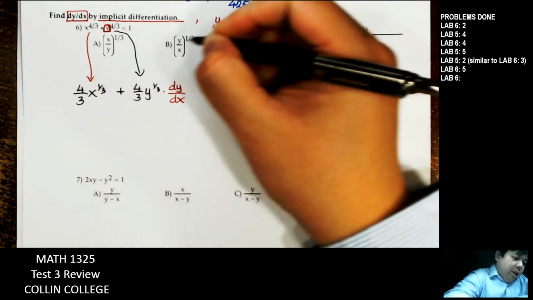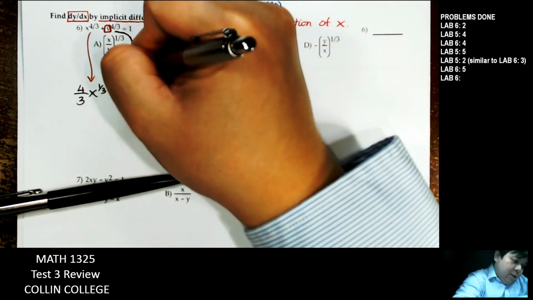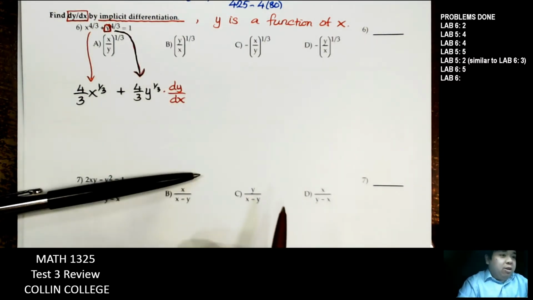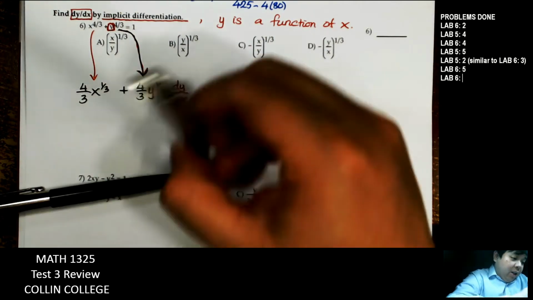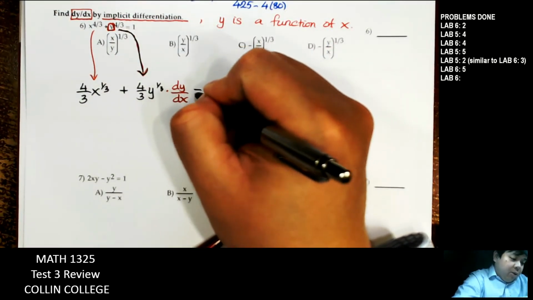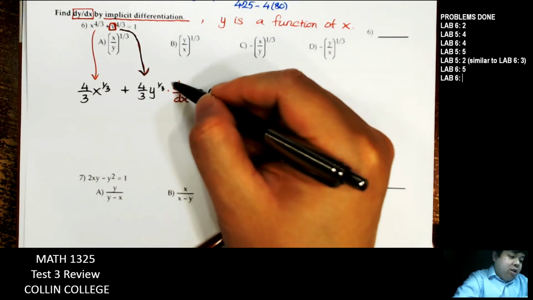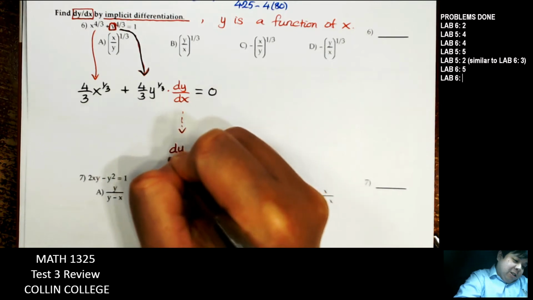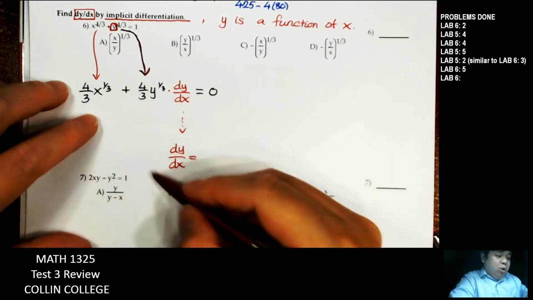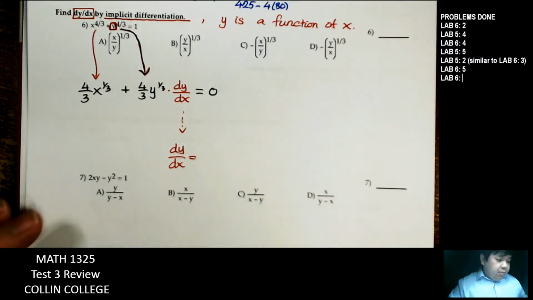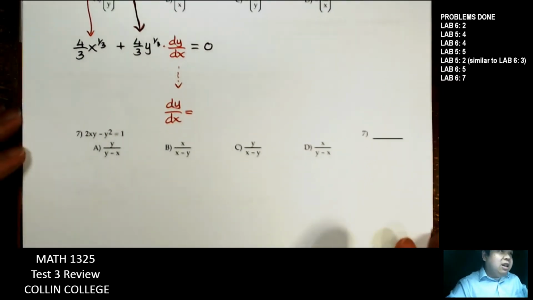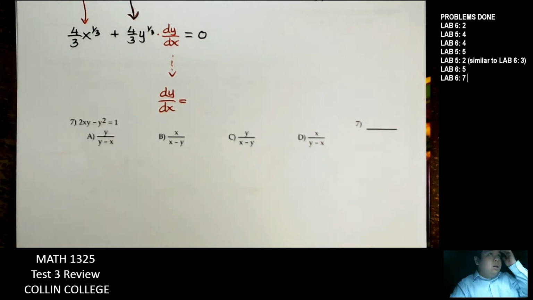The only difference between the x and the y is that y is a function of x, so we're going to have the dy over dx next to it, or the y prime if you choose to do so. If it is x, the same way. If it is y, we have to have this, since y is a function of x. And the derivative of 1 is a constant, so it's going to be 0. The next step is you just need to solve for dy over dx. I'll let you do that, and at the end you get dy over dx by itself.